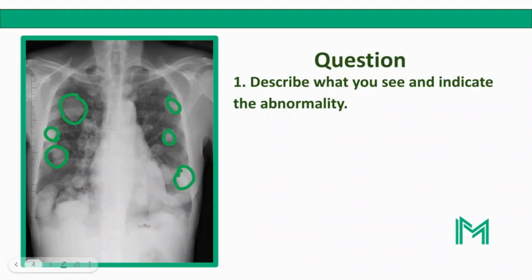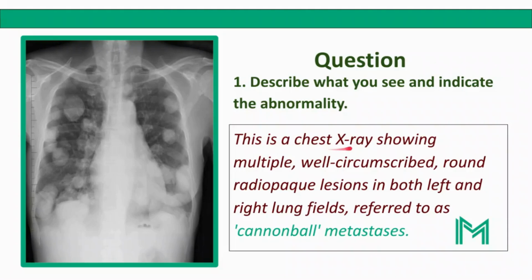So these lesions are characteristic of what we call cannonball metastasis, especially given the setting of the question. So this is a chest x-ray showing multiple well circumscribed round radiopaque lesions in both left and right lung fields, referred to as cannonball metastasis. Okay, so this is classic.